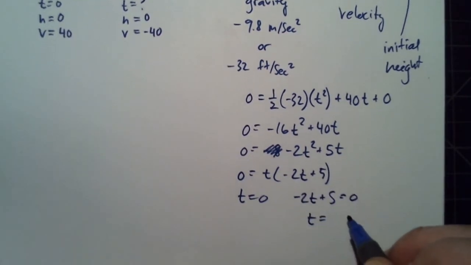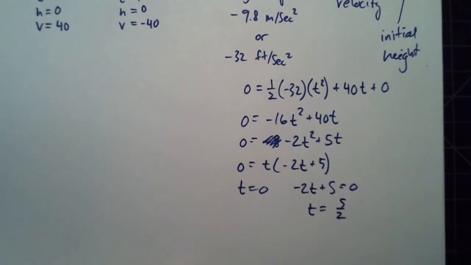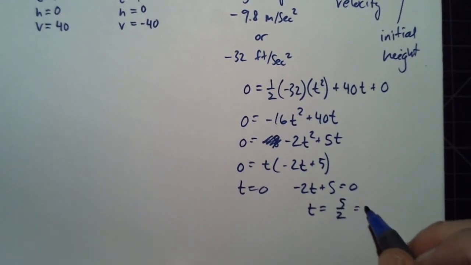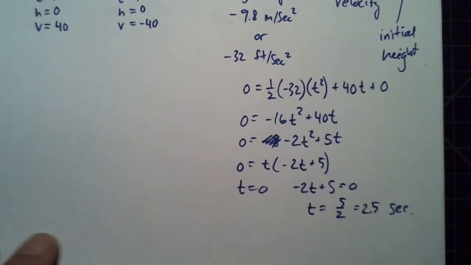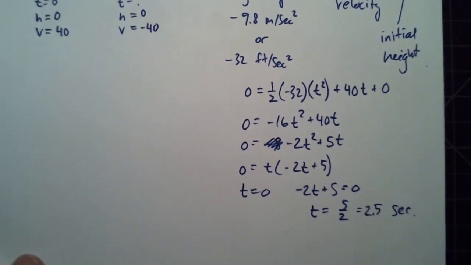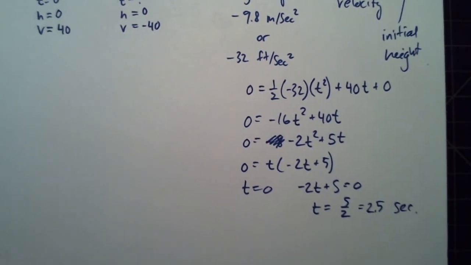So t is 5/2, 2.5 seconds. So just by knowing that the object was thrown upward at 40 feet per second, we know it'll be in the air for 2.5 seconds. And it doesn't matter whether it's moving horizontally or how large it is, as long as the size doesn't affect the air resistance.